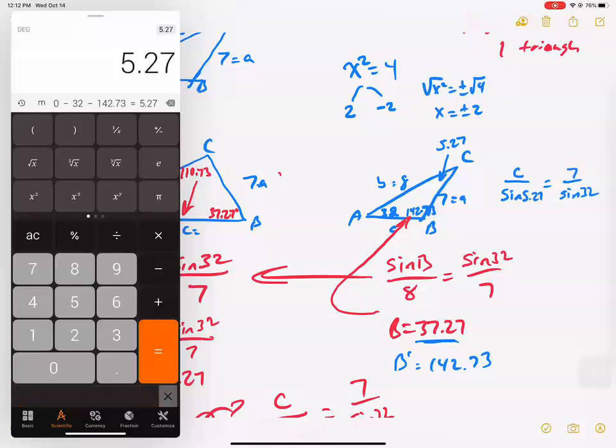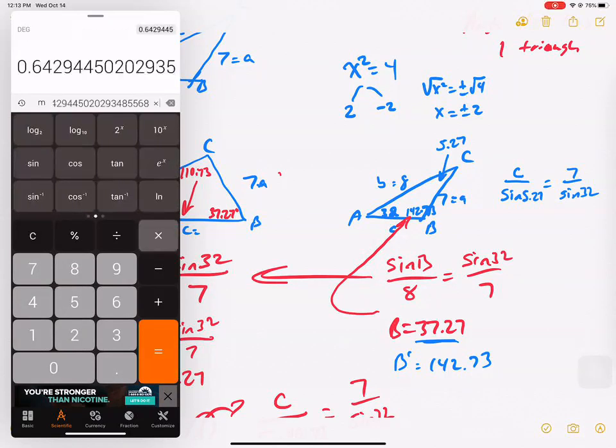This is calculator work. 7 times sine of 5.27, divided by sine of 32, and it gives our final side, 1.21.